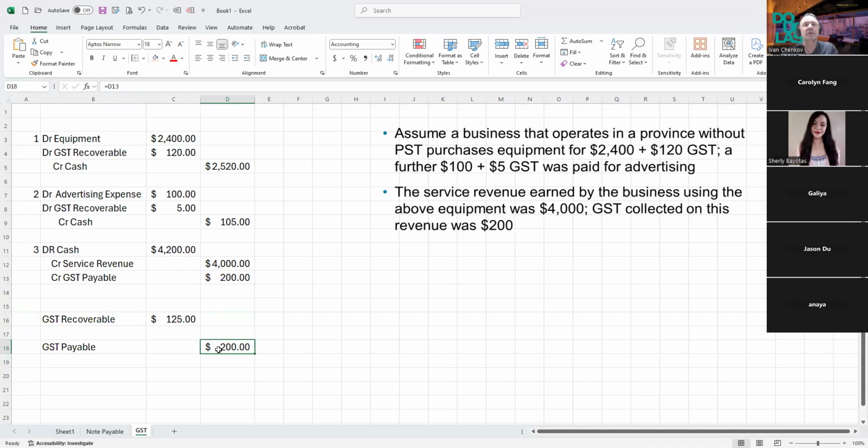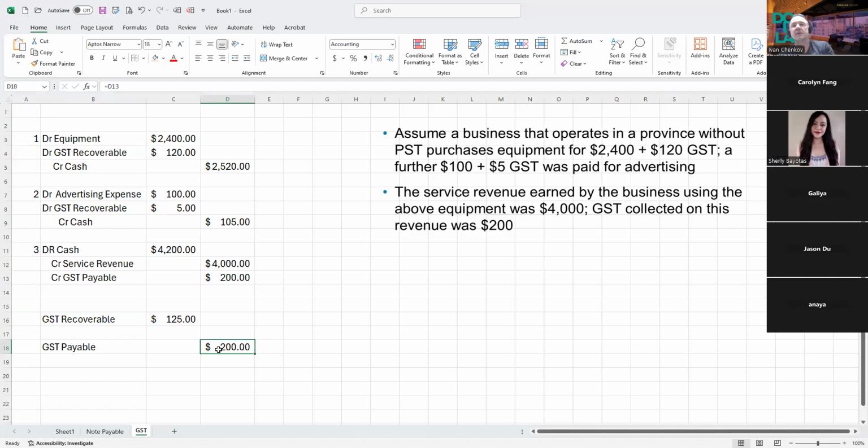Do you think that would be a reasonable thing to do? To send the government 200 and ask them to pay us back 125? Yeah, that would be way better, right?